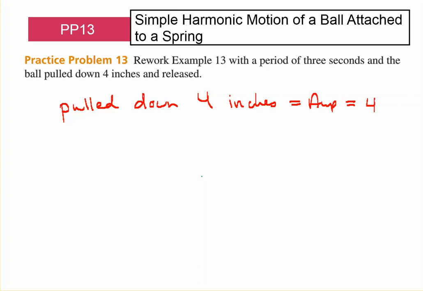So what do you think my A value is going to be? Alright, everybody okay with the A value of -4?